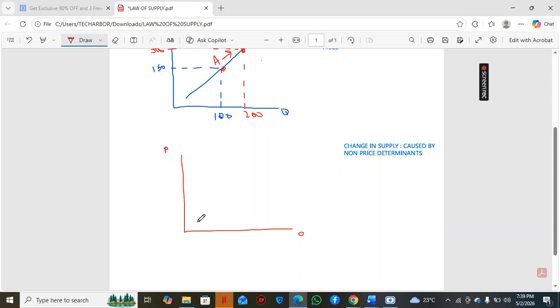You have a supply curve like this. If it shifts to the right, this is an increase.